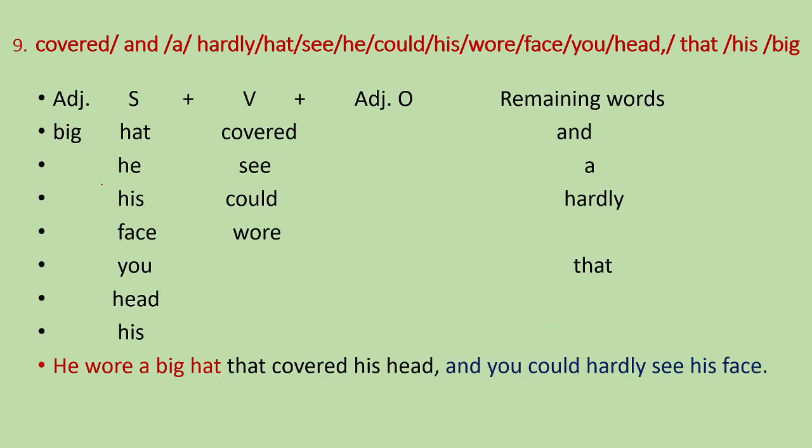Now this we have a longer sentence. So let's try to do this. So first let's write all the words below the equation. So "covered", it is a verb and will go under remaining, "hardly" under remaining, "hat" under S, "see" under V, "he" under S, "could" under V, "his" again under S, "wore" again it is V, "face" under S, "you" under S, "head" under S, "that" under remaining, "his" under S, and "big" is the adjective.